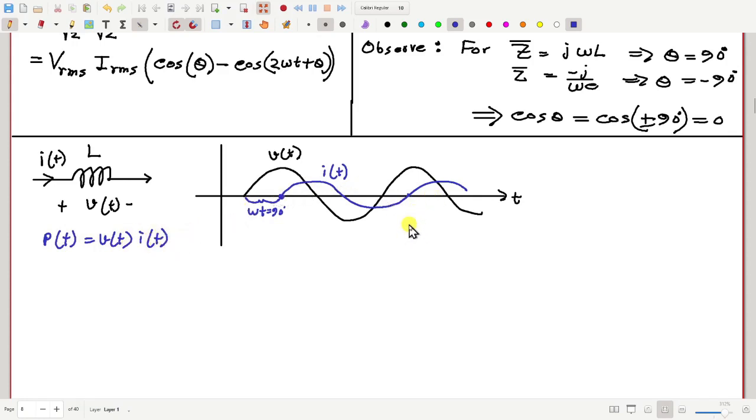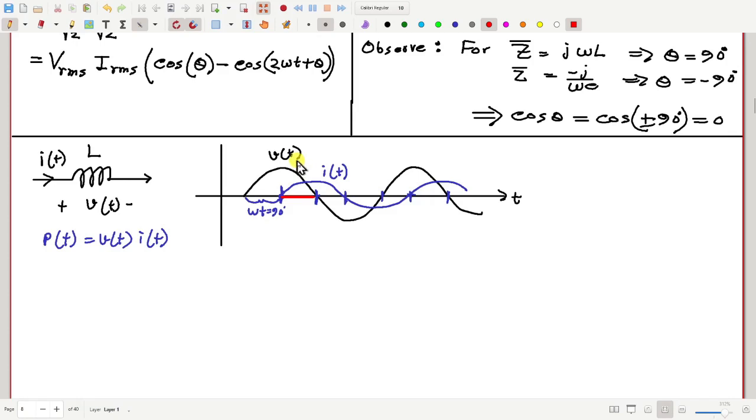And if we do that, at these points here, either the voltage is 0 or the current is 0, so therefore power will also be 0. Then consider this region. In this region both voltage and current are positive, so the power will be positive.